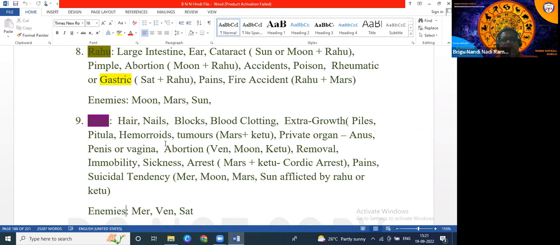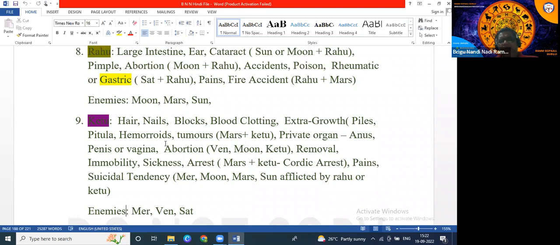Mars Ketu here: Mars is blood and heart, and Ketu is closing the valves of our heart. So when heart valves are closed, blood function will stop, so that the native will get cardiac arrest. So like that, Ketu is pain, suicidal tendency.